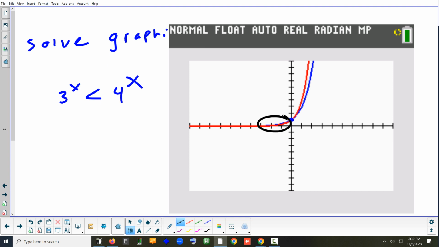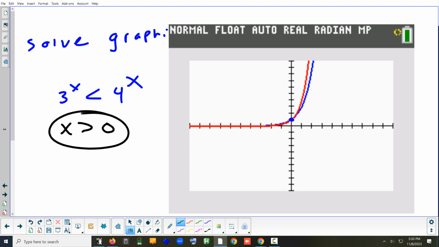Sorry. When x is greater than 0. Yeah. As long as x is greater than 0, the blue one is under the red one. If it had the inequality flipped, it would be what you would say first. Okay. So any questions on solving that graphically?